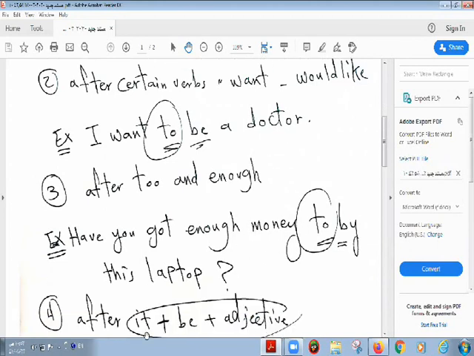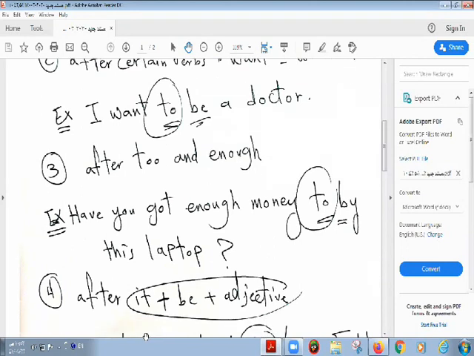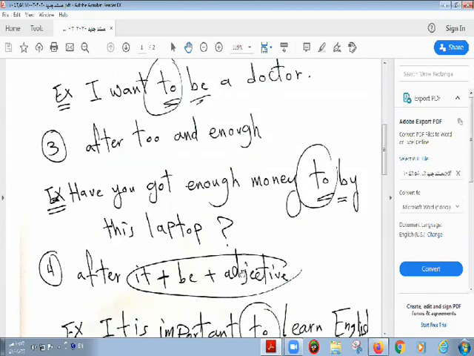Number four, we also use the infinitive form after it plus be plus adjective.